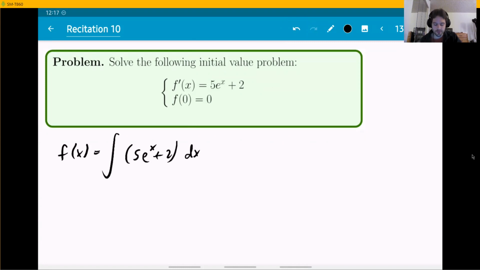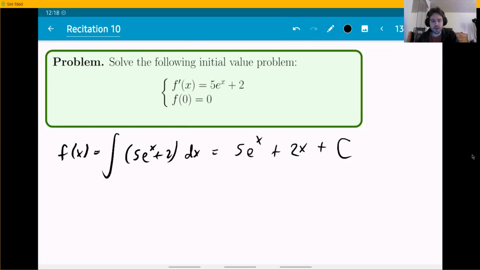That's a very easy one to do. 5e to the x, well, the antiderivative is 5e to the x. 2, what about the number 2 here? Antiderivative of a constant, it's just 2x. Because when you differentiate 2x, you find 2. And don't forget your plus c. So from the first equation, this is what we get for f.